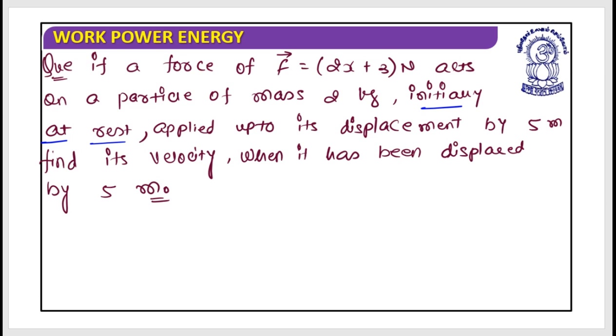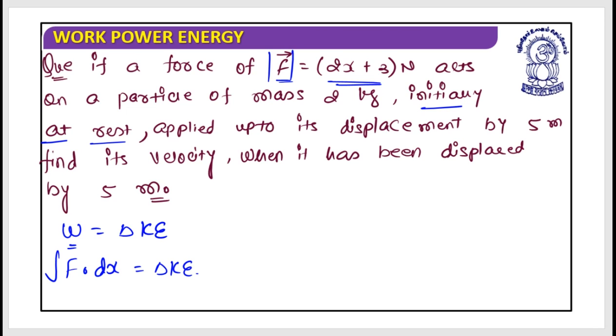So what I understand is that work done is equal to change in kinetic energy. Now in this situation the force is variable, and as the force is variable, I need to use integration to get it done. So this is integration of F dot dx, that should be equal to change in kinetic energy.